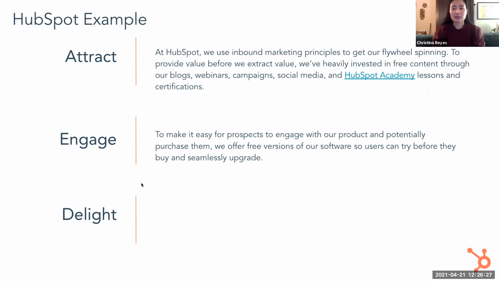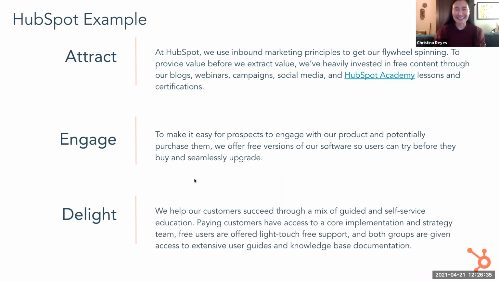I don't know anybody who hasn't started with or still holds on to a free HubSpot seat. I still have mine. And then in the delight stage, they provide a really solid knowledge base. So there's a mix of guided and self-service education that makes it easy for the customer or even the prospect to learn about HubSpot.